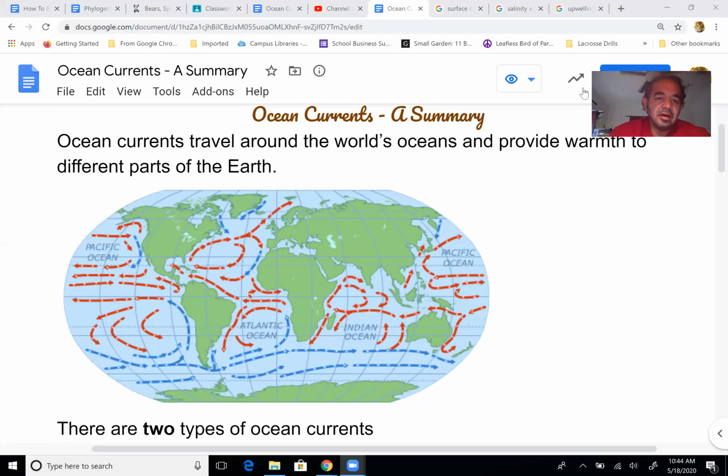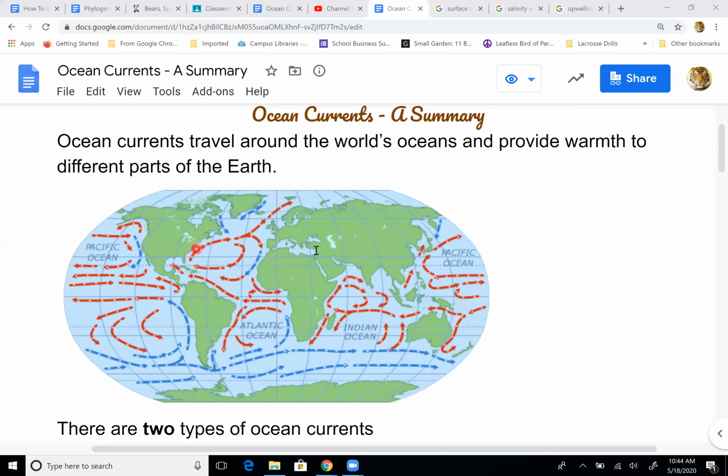Today we'll just talk about ocean currents and basically a summary of what you need to know. Ocean currents are in the ocean. They are basically movement of water. They're like little tunnels that move water all around the ocean.